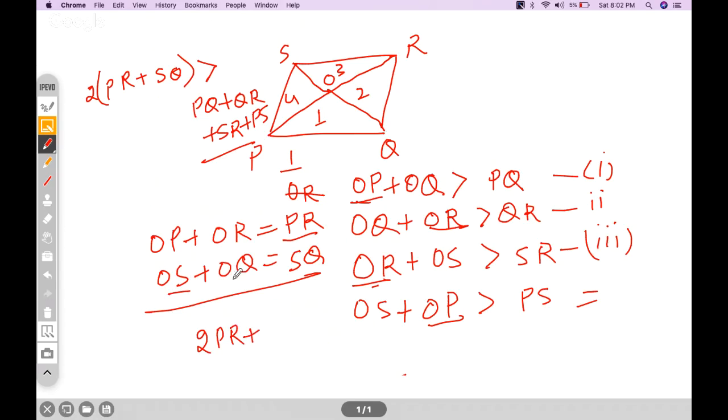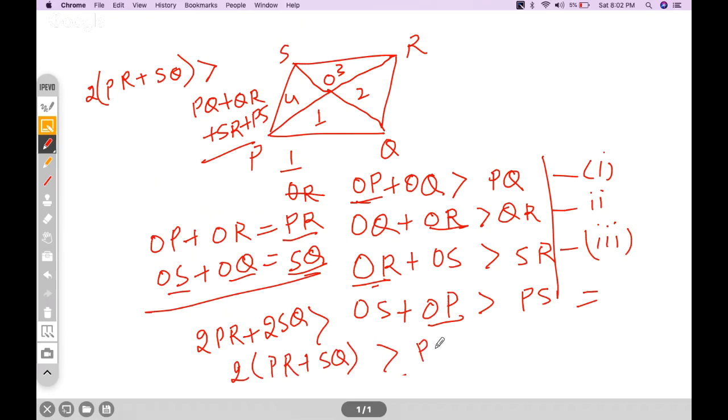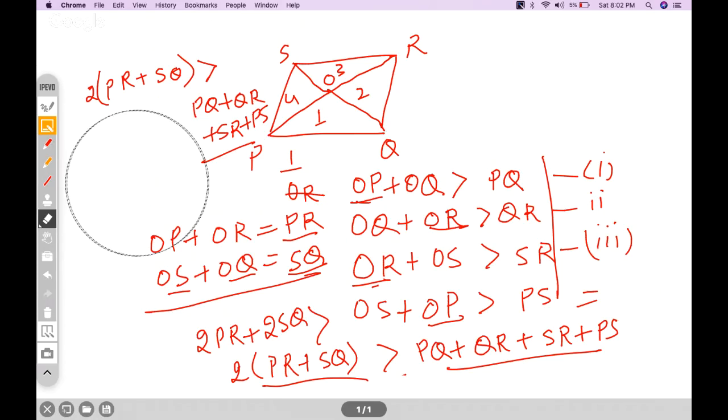Similarly OS and OQ will give you SQ, but coming 2 times, it will give you 2 SQ, and that would be greater than this summation. So 2 times PR plus SQ is greater than PQ plus QR plus SR plus PS. This is it.